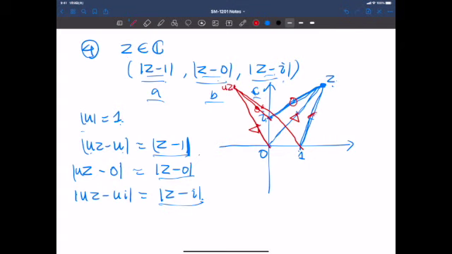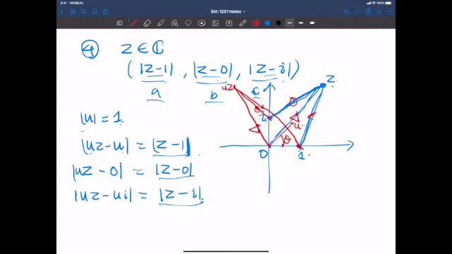And by the way, suppose U is somewhere here. And we know that multiplication of 1 by U gives us the rotation by theta.